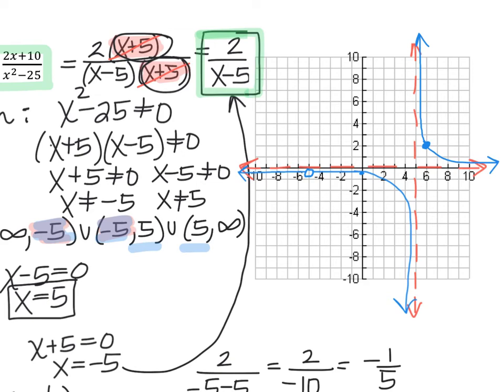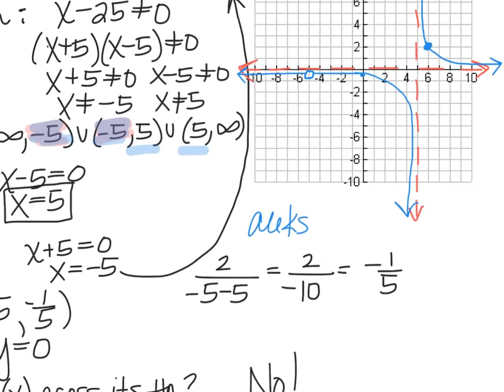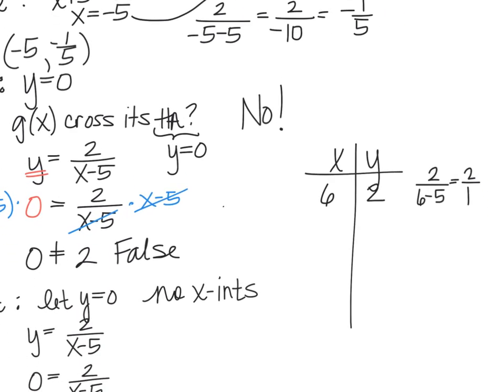Now, if you are using the online program ALEKS for some additional homework, ALEKS will require that you plot 2 points on each branch of the graph. So all that would require of you would be to plug in, for example, x equals 7. So you would have an additional point, 2 divided by 7 minus 5, which is 2 divided by 2, which is 1.